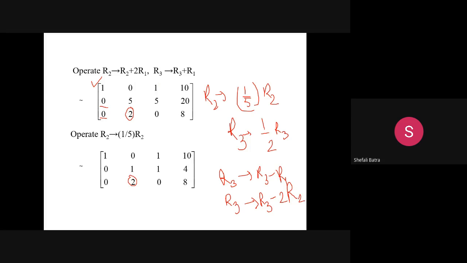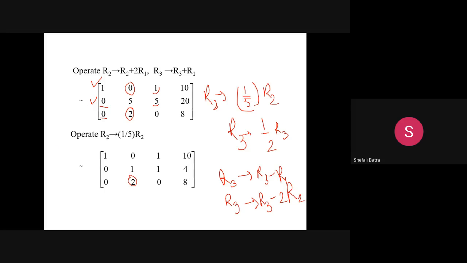Try to make this 0. And then with the help of R3, try to make this 0 and this 0. And then for making this 0, use R2. Again and again, I'm telling, please keep this funda in your mind. Don't make any element 0 randomly, right?